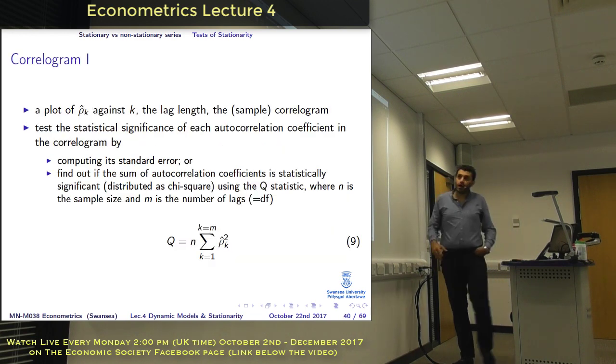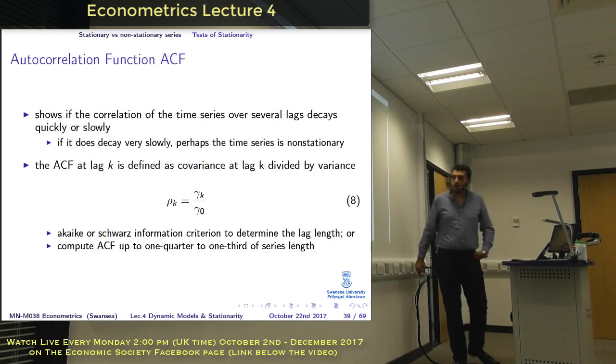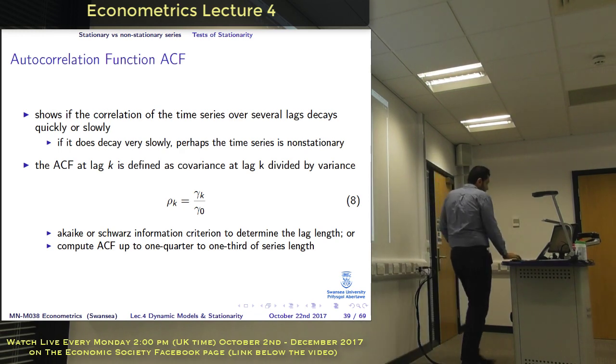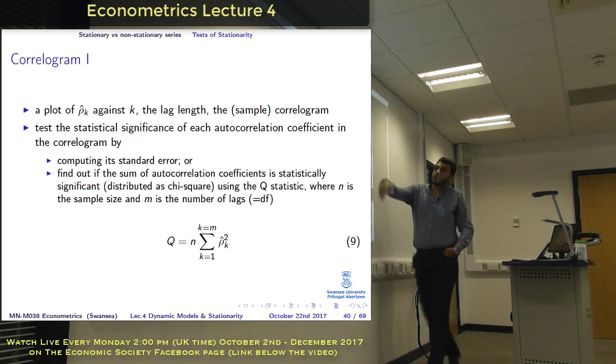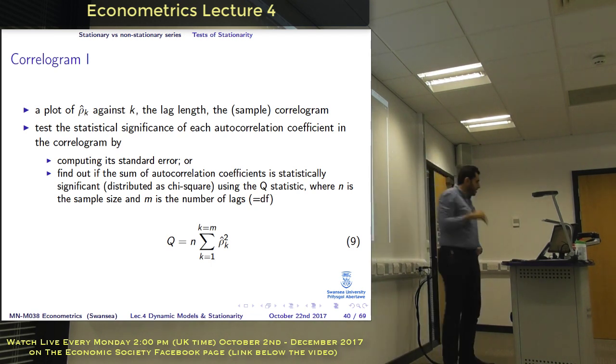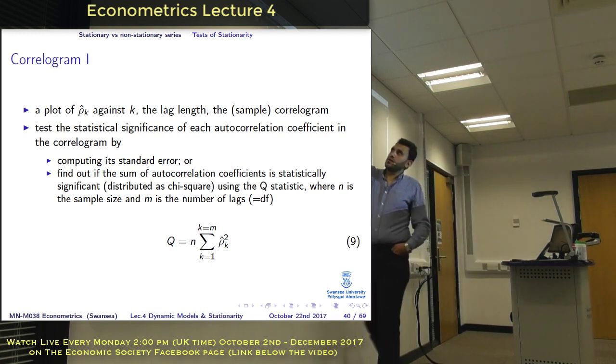We want to look at the plot of the autocorrelation function, rho. We usually use a sample to get this, so this is rho hat, and it just comes from a sample. The plot of this is what we call the correlogram.